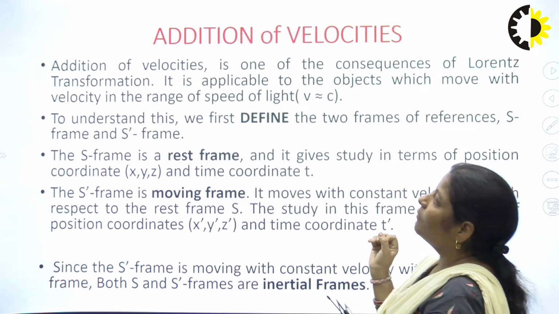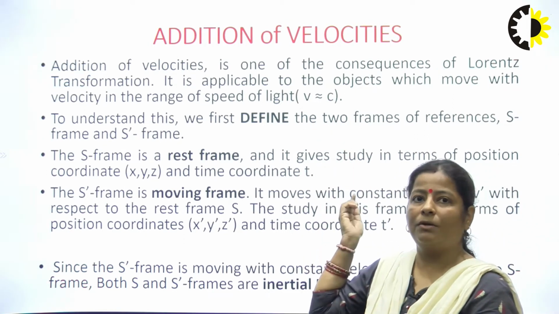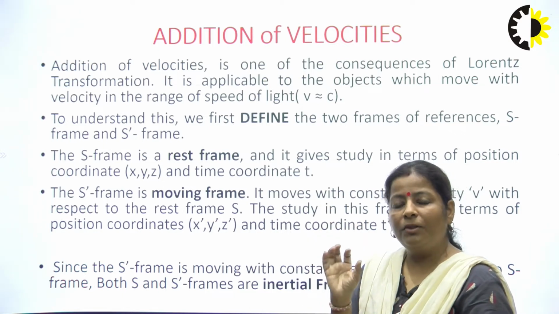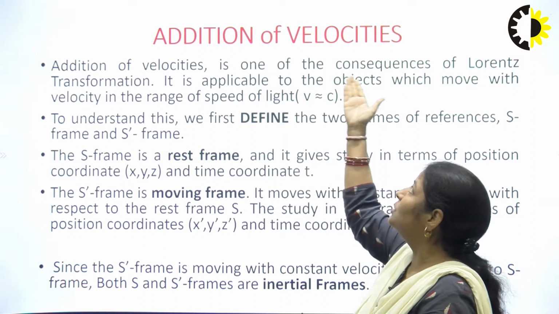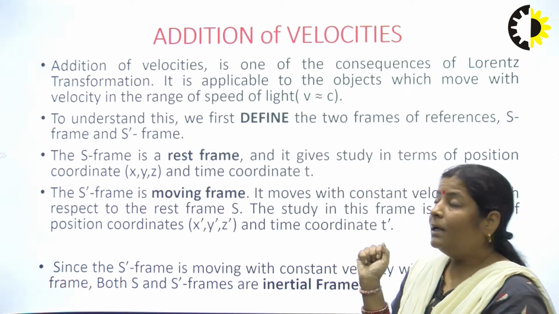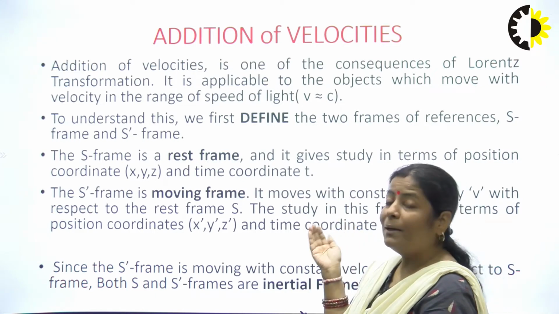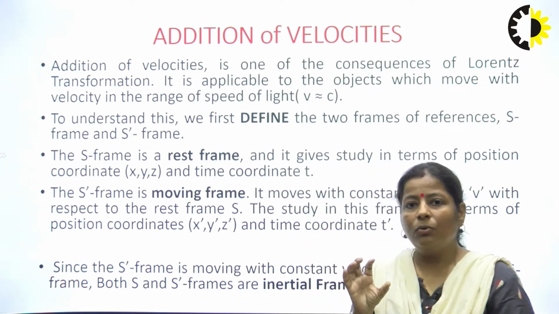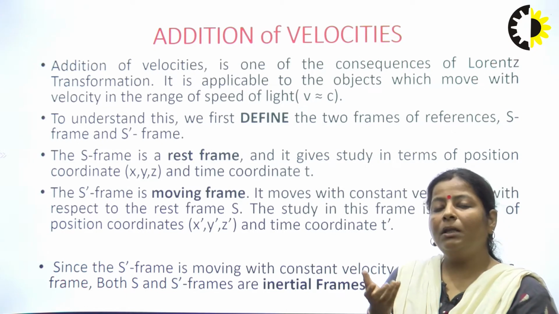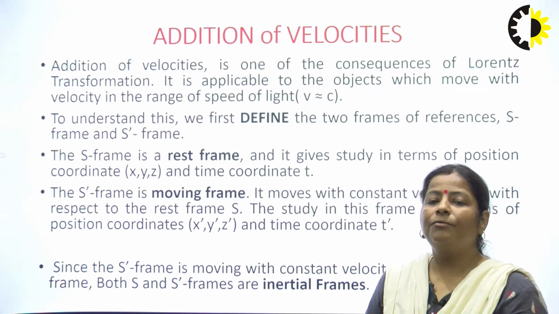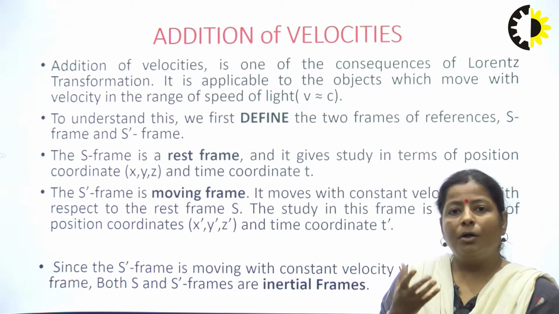This is our topic. It is also known as addition of velocities. The theorem which is called the velocity addition is also referred to as addition of velocities. Basically, this theorem is applicable to a particular range of velocities. In relativistic mechanics, we divide the entire subject into two parts.